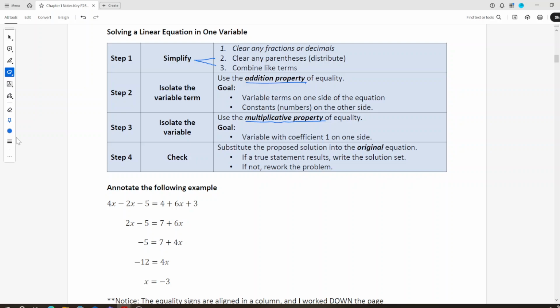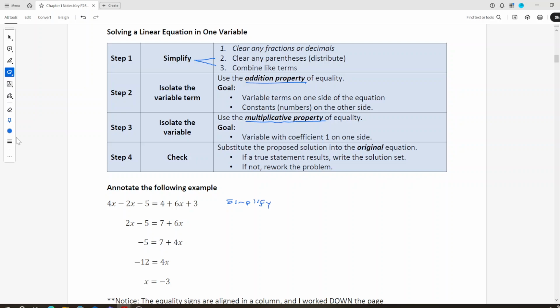So I've done one full question for you, and I want to talk about this process of annotating. Can you look at someone's work and determine what they've done? And not only what they've done, but why they've done it. So for example, how did I get from this line to this line? What have I done? Well, I've probably done step 1. I've probably simplified.